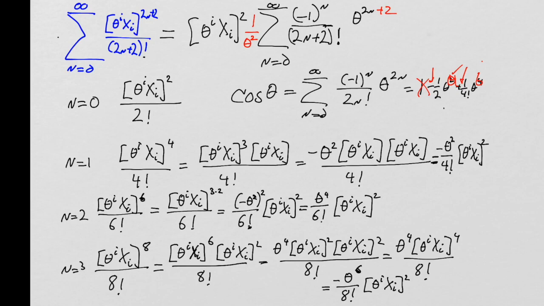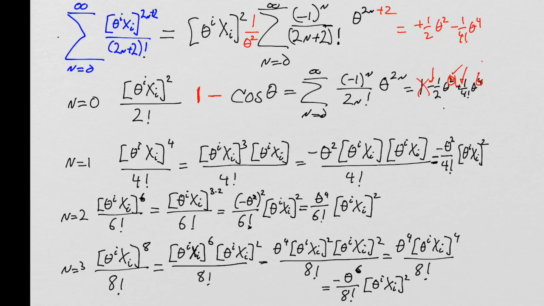So what do we do? Well, what do we have? Ultimately, this is going to be plus 1/2 theta squared minus 1 over 4 factorial theta to the 4th. So ultimately, if we look at it, we've got 1 minus the real cosine series, right?